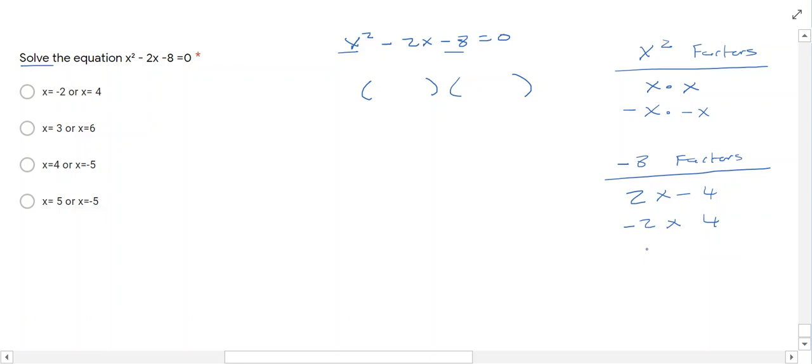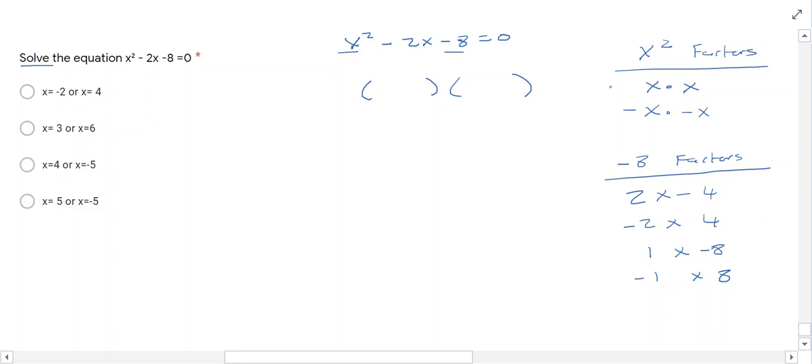You can have 1 multiplied by minus 8, and then minus 1 multiplied by 8. All of these give you minus 8, so these are known as factors of minus 8. Now what we want to do is trial these out.